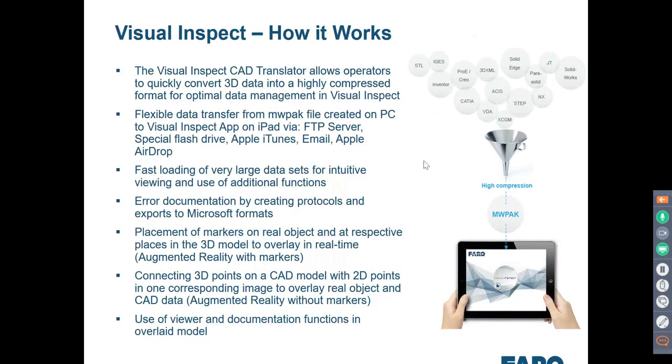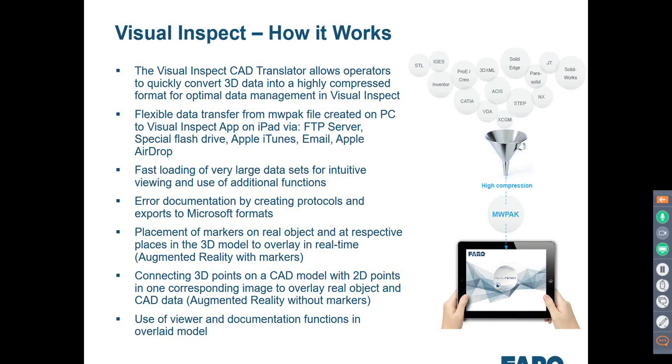So very simply, we have a universal CAD translator, and I'm sure a lot of you are asking, how do you take this very heavy data? This universal CAD translator is a very powerful compression tool, and we can take virtually all of the different formats that we would see, certainly in the factory metrology business unit, and even to some extent in the BIM sim market.